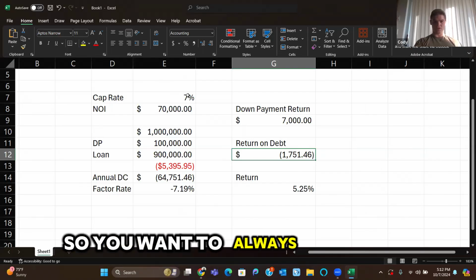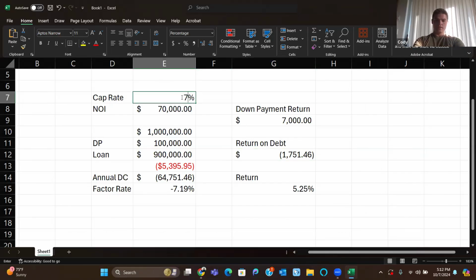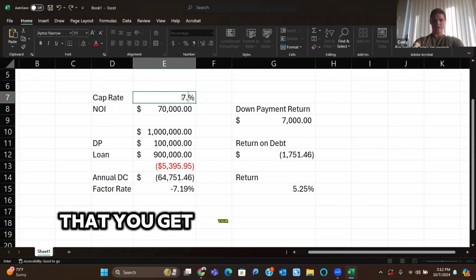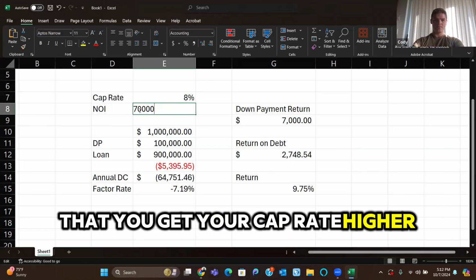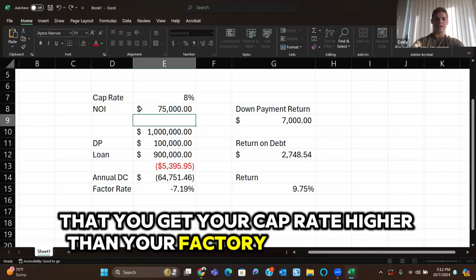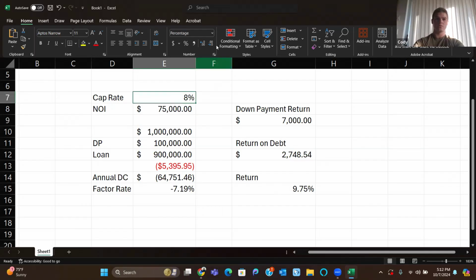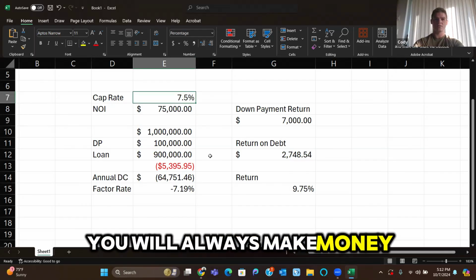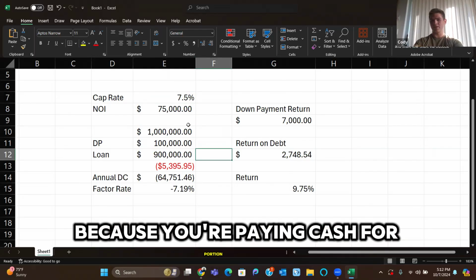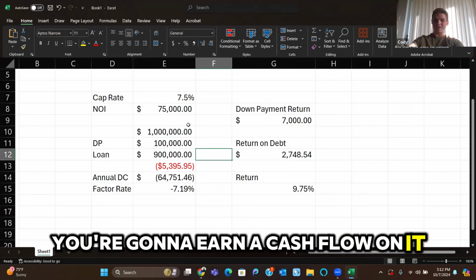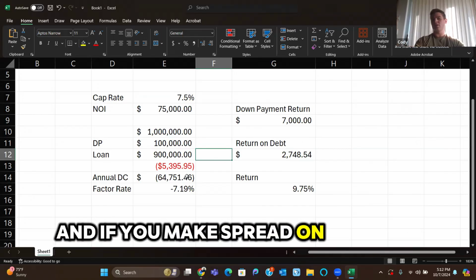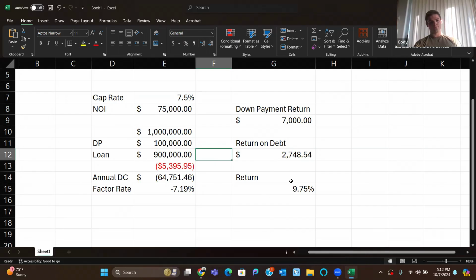So you want to always make sure that you get your cap rate higher than your factor rate. And if you do that, you will always make money because you're paying cash for a portion of it. You're going to earn a cash flow on it. And if you make a spread on the debt, you cash flow positive.